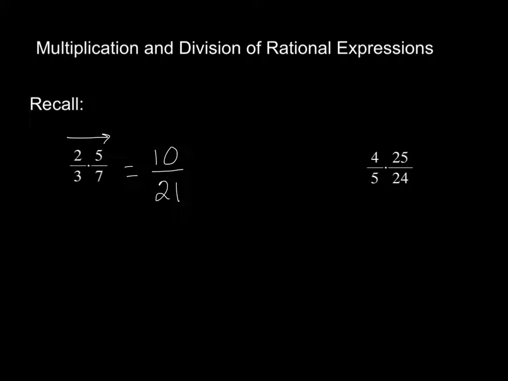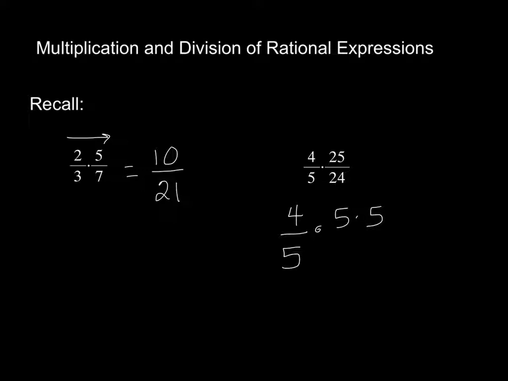On the other hand, when you have a fraction that can reduce, it is sometimes easier to do that before you actually multiply. So in this case, I don't actually know what 5 times 24 is. I'm actually going to think of this as 4 over 5 times 5 over 4 times 6.